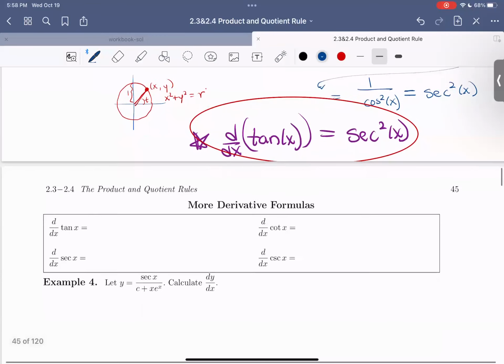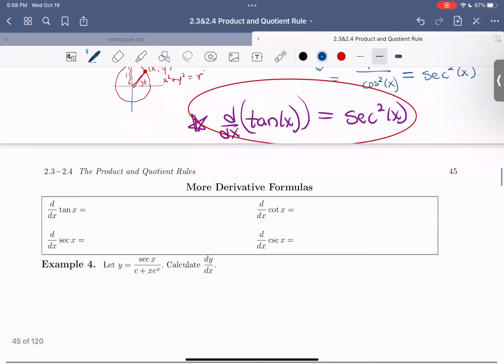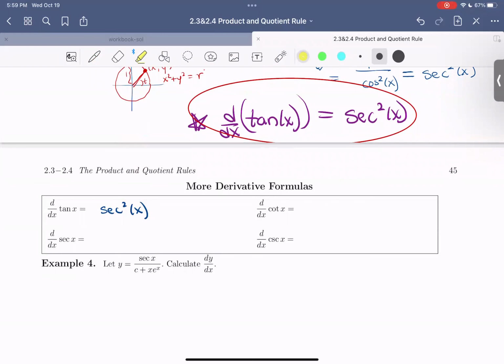as secant squared x. So now we see that we want to write shortcut formulas for other trig functions. So that is secant x, cotangent x, and cosecant x. Now, similar as we did in the previous example in computing the derivative of tangent, we could go through and compute derivatives of each of these terms.